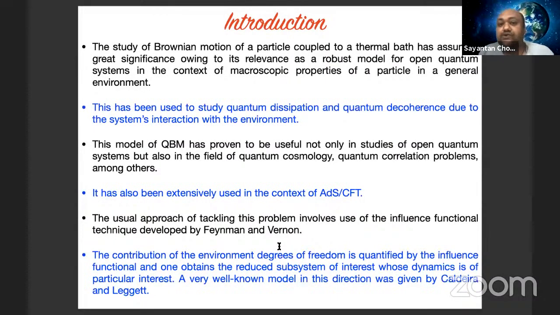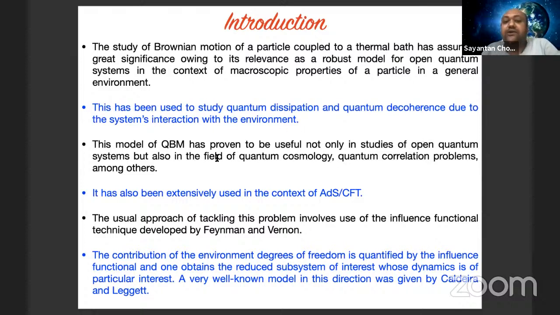The study of Brownian motion of a particle coupled to a thermal bath has assumed great significance owing to its relevance as a robust model of open quantum systems, in the context of microscopic properties of a particle in a general environment. This has been used to study quantum dissipation and the quantum decoherence problem due to the system's interaction with the environment.